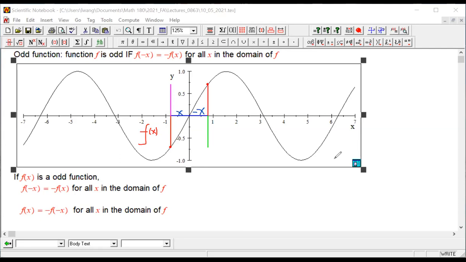I made these two reds the same color. Maybe that's confusing. Maybe they should be different colors, because they're not exactly the same. So I'm going to change this one to purple.